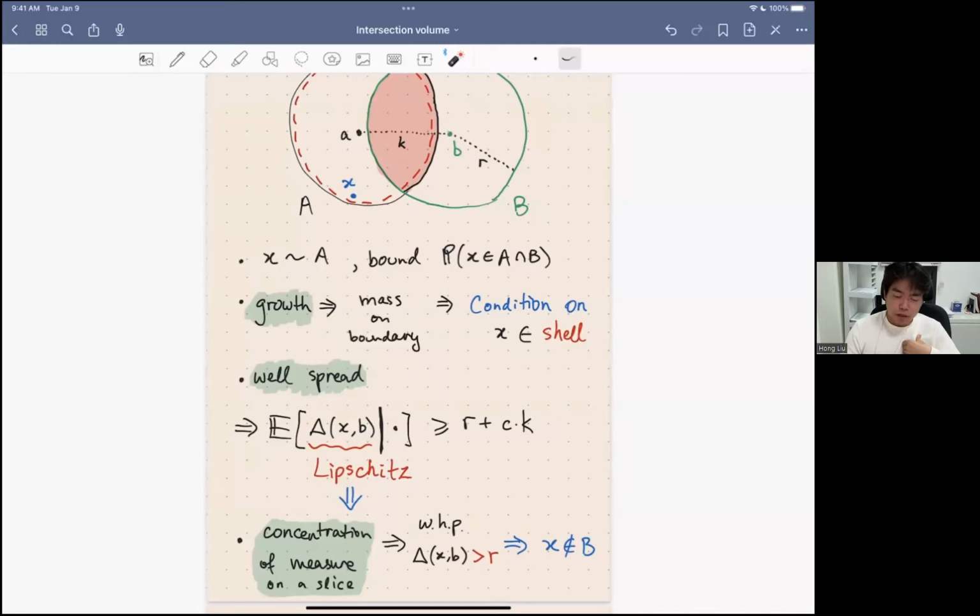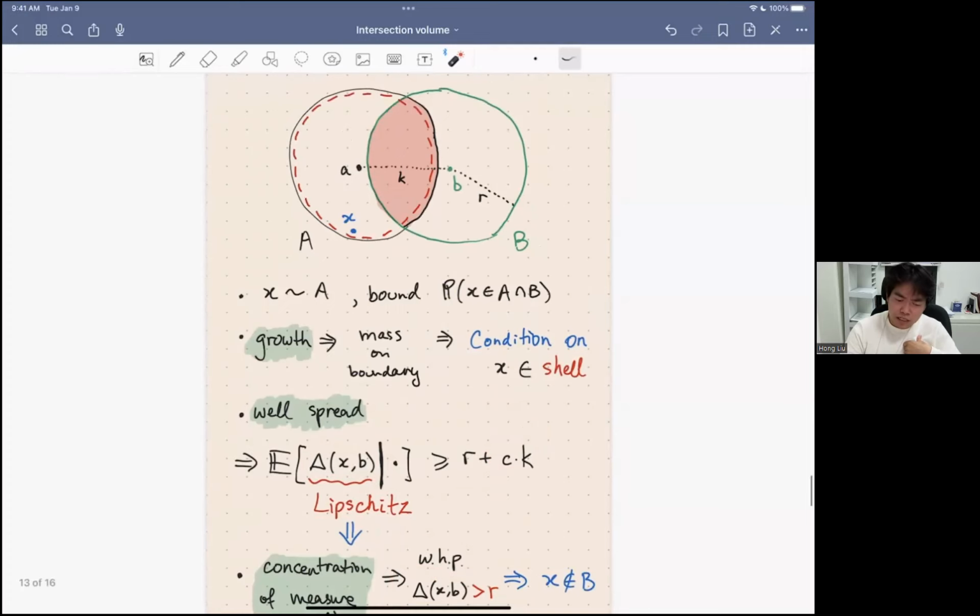Since the expectation is bounded away from the radius R by an additive factor CK, with high probability, with exponential decay in this distance K, the distance is strictly bigger than R. But what does it mean, with high probability, that the distance is strictly bigger than R?